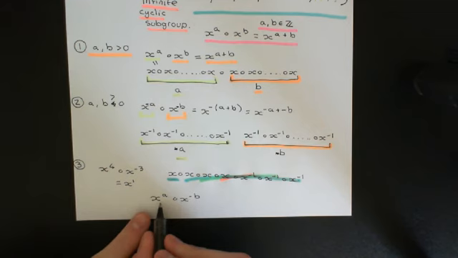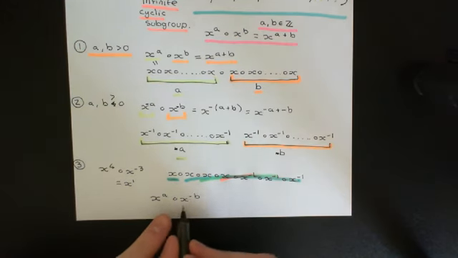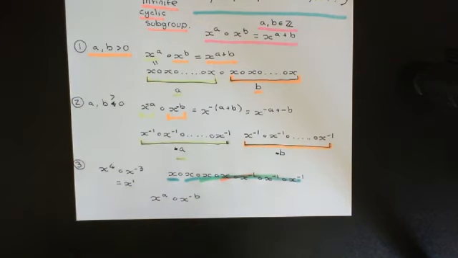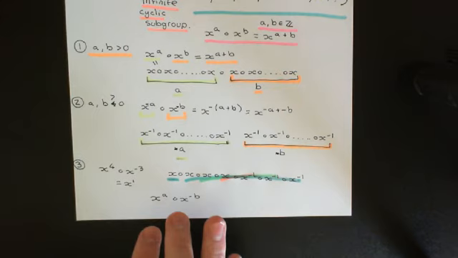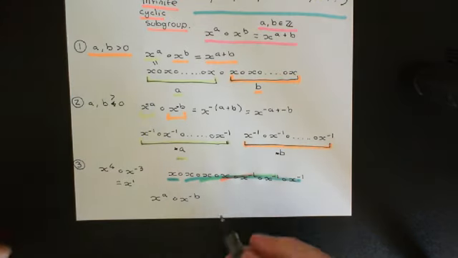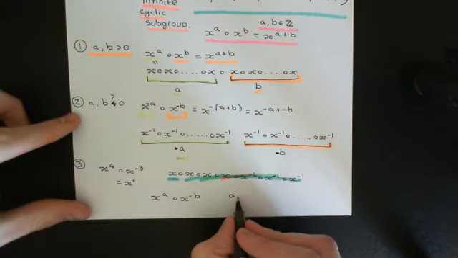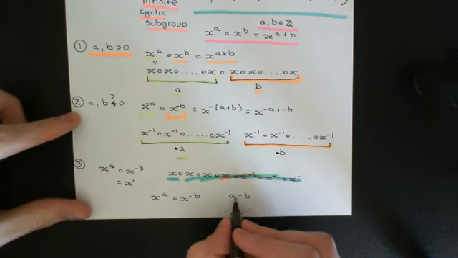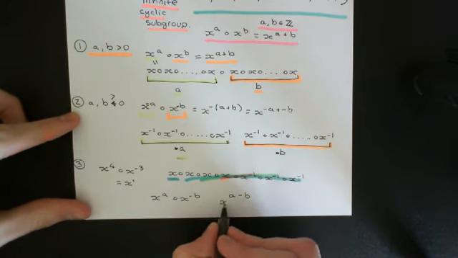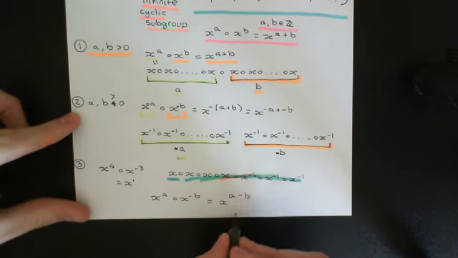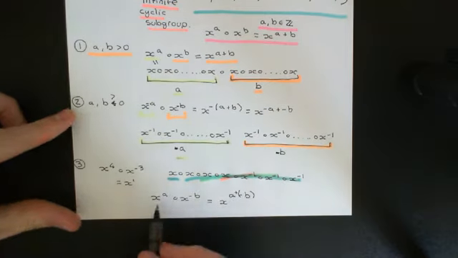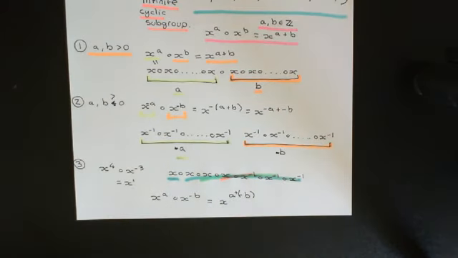Well, again, you'd write this out as x composed with itself a times, and then this one as x inverse composed with itself b times, and you'd cancel as many x's and x inverses as you have, and then you'd see what's left over. And again, that's just the same as adding a to b, basically. a plus negative b would be the answer here. So we'd have x to the power of a minus b, which is really just a plus negative b, i.e. you just add the two powers here.